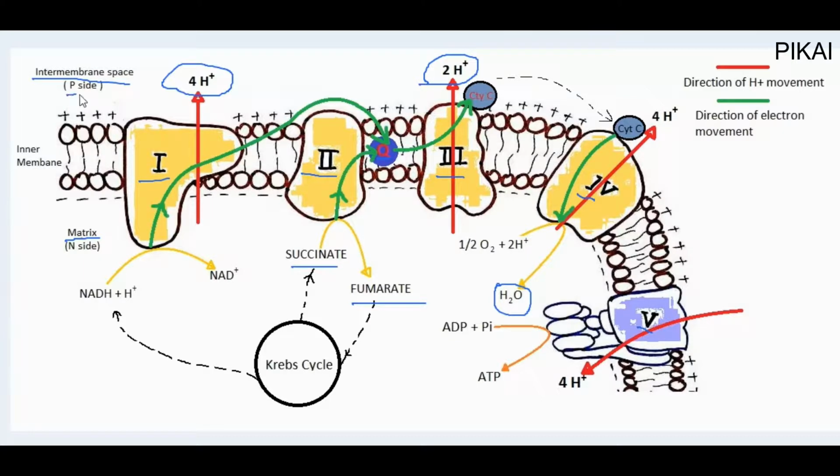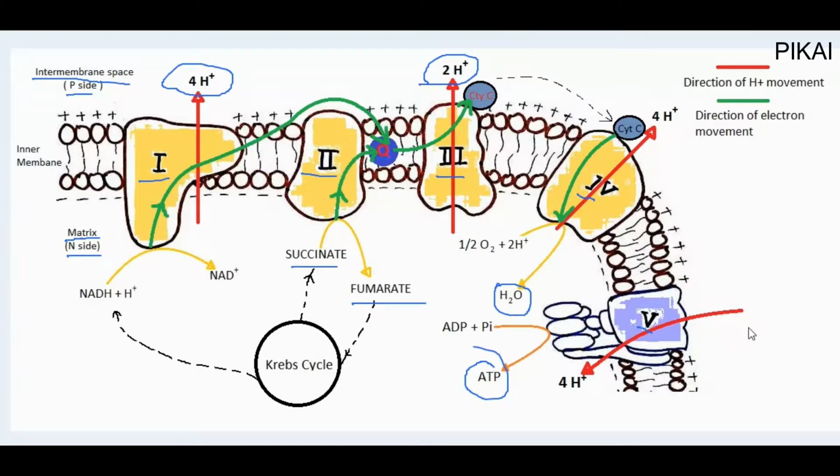That is why it is called the P side, having more positive charge, and the N side because of less positive charge, also termed negative with respect to the intermembrane space. This hydrogen increases the H plus concentration in the intermembrane space, and these hydrogens are used to form ATP. So the ATP synthase, which is complex 5, takes up 4 hydrogen atoms.